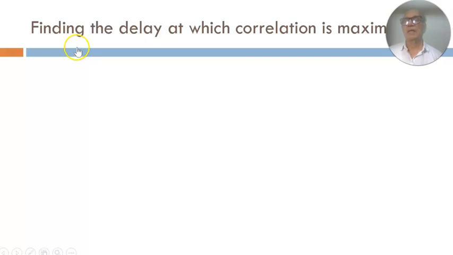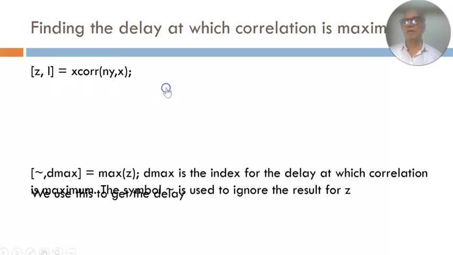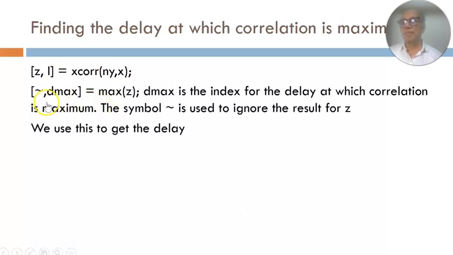Okay. Now finding the delay at which the correlation is maximum. So let us see how we do that. First of all, we execute this statement. It will give us all values of correlation for all values of delay. And now you execute this particular statement. Now look at the first, this wavy sign.